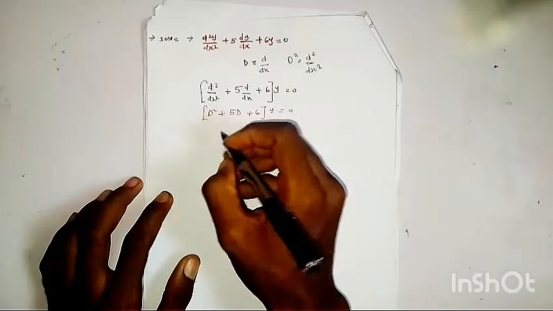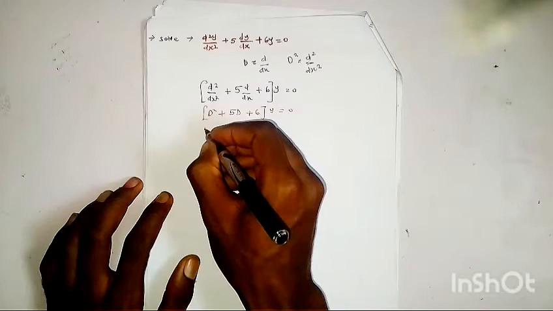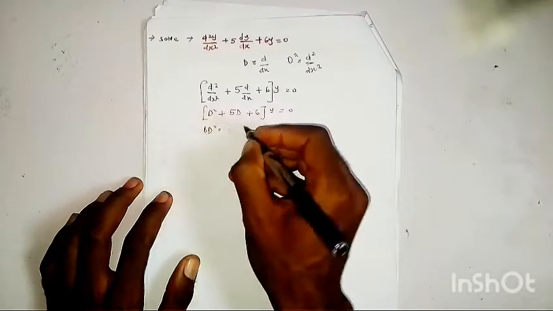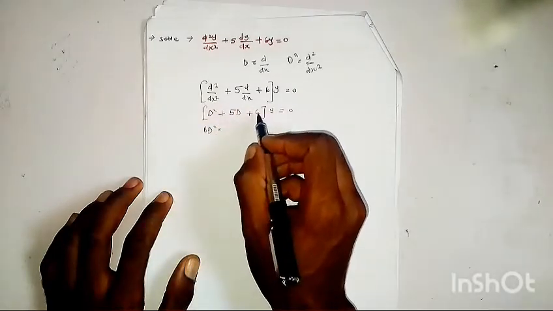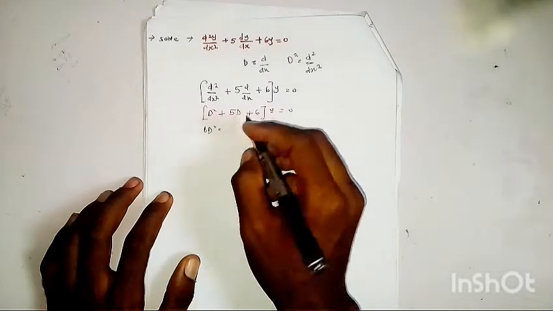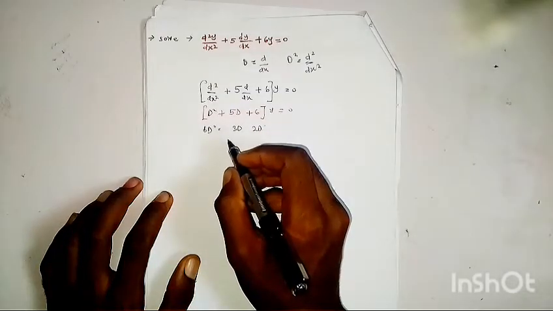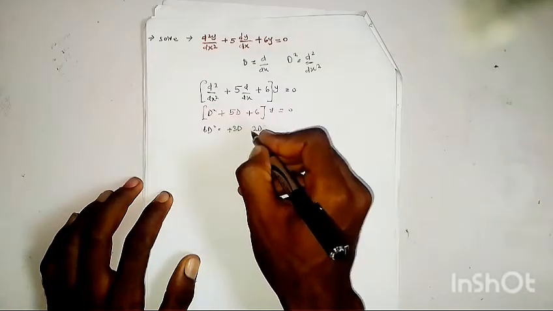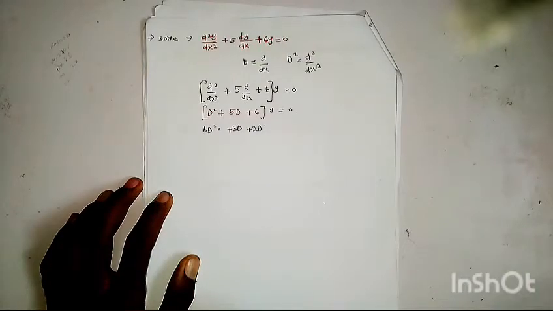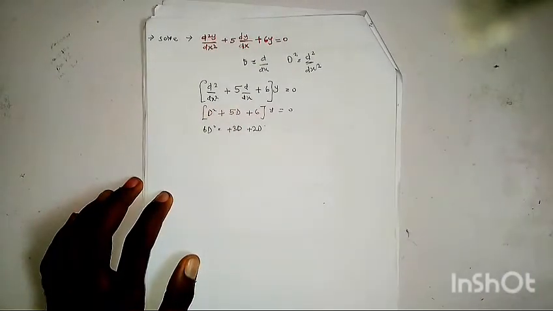So to factorize this quadratic equation here, we have 6 D square, and the two factors that I can multiply to give me 6 and add to give me 5 are 3 and 2. So basically we have plus 3D and plus 2D as the two factors that can actually work for this equation.